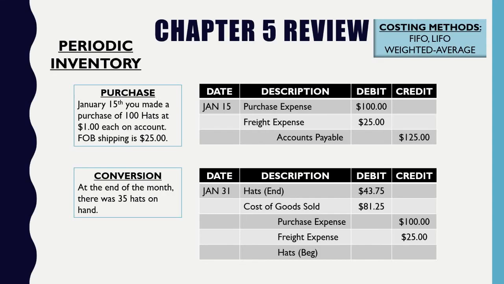So any questions in regards to chapter 5.5, LIFO costing method? Okay, so again, when you do purchases, you've got to do a purchase expense, freight expense, right? Your conversion entry is going to include your ending balance, cost of goods sold, purchase, freight, and then your beginning balance. Yes.